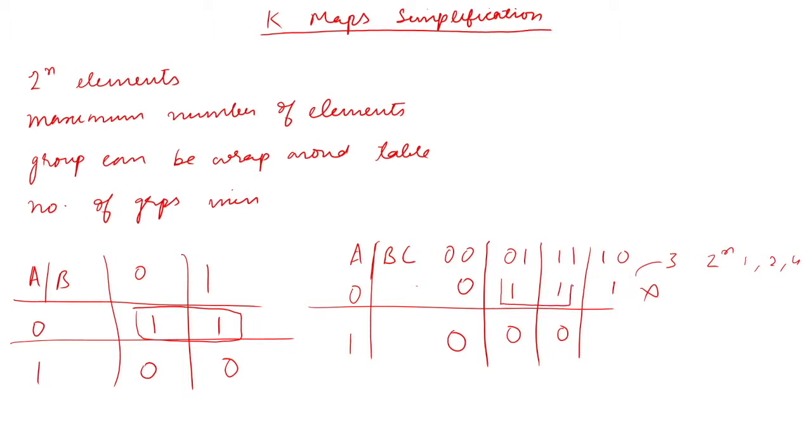We can make a group of these two and these two. Now this is proper as each box is containing two elements.